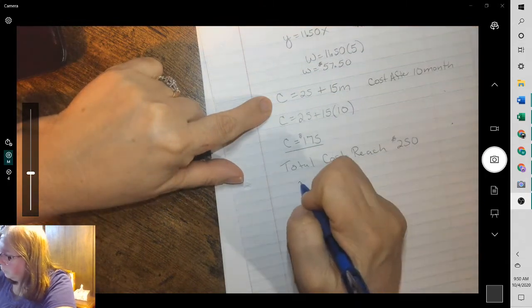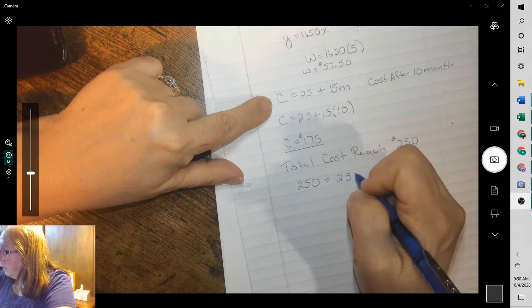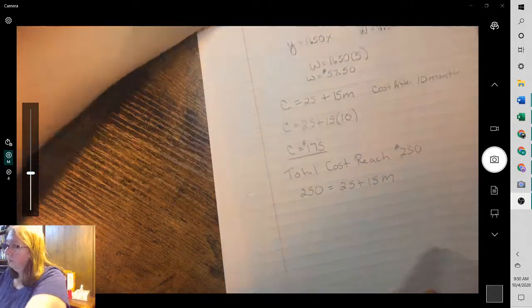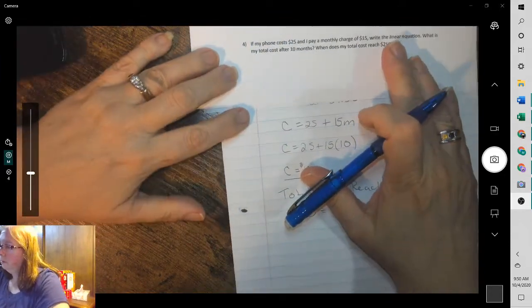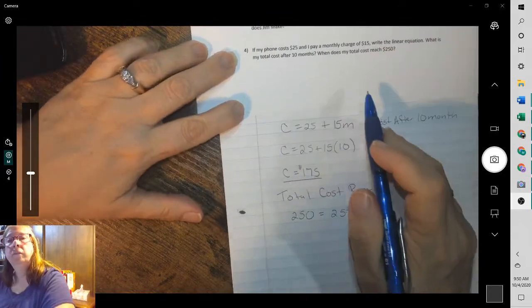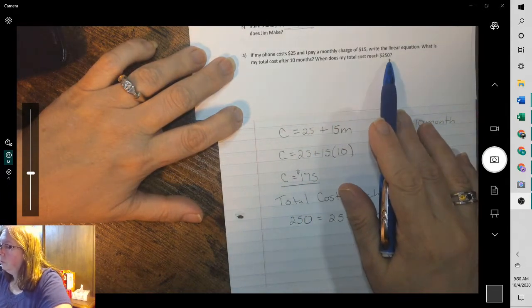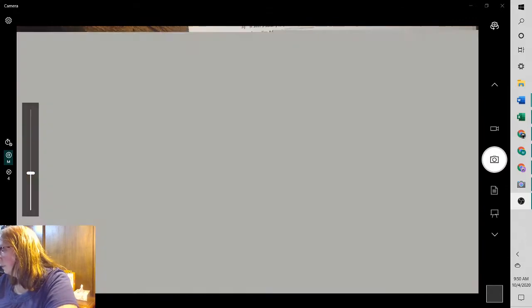I'm putting the 250 in for C, and I'm looking for how many months, because it wanted the number of months. So to solve this, we first need to get this by itself.